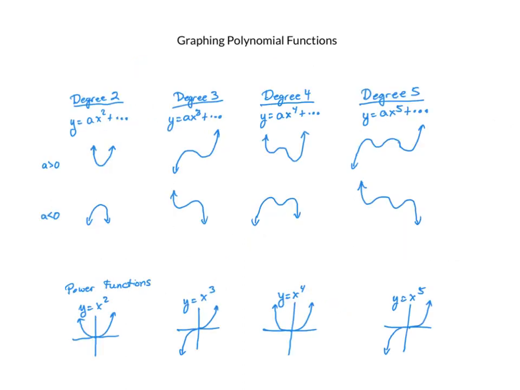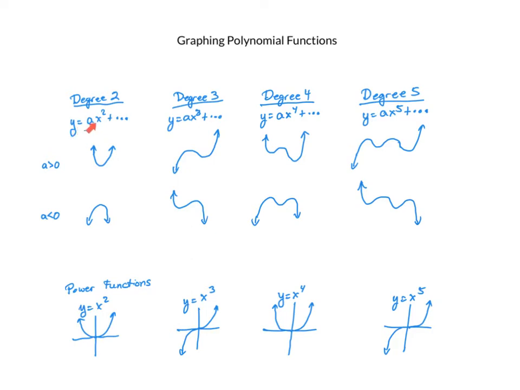So let's look at a summary of what the graphs of polynomial functions look like. I have them listed here. And notice it is the leading term that is really critical when you're determining what the graph looks like. The leading term controls the degree of your polynomial. Remember, the leading term is the term of highest degree.